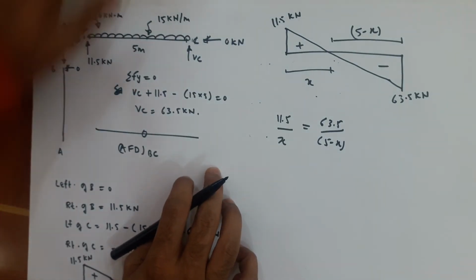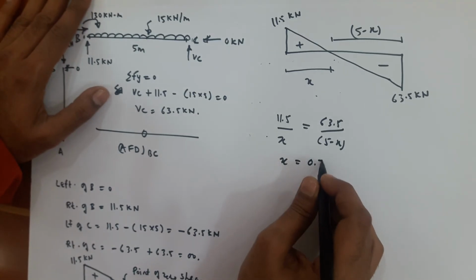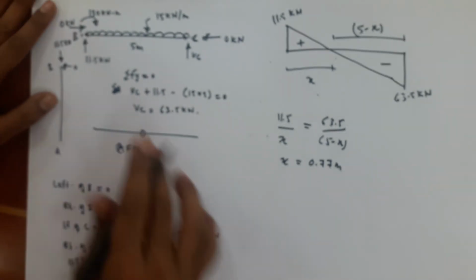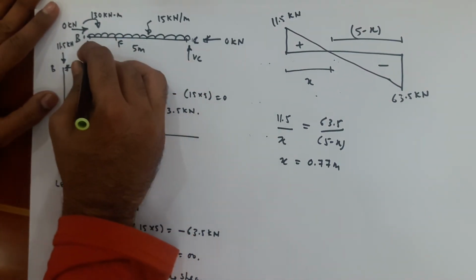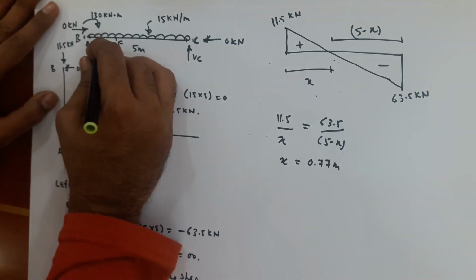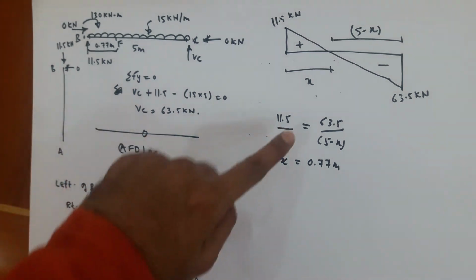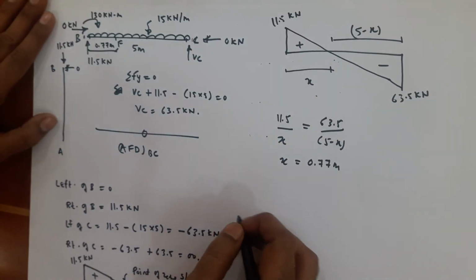So here you are getting x equal to 0.77 meter. Now we have one more point F. Point F is at a distance 0.77 meter from B. Now we have to go for the calculation of bending moment.